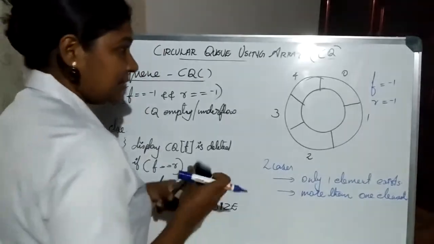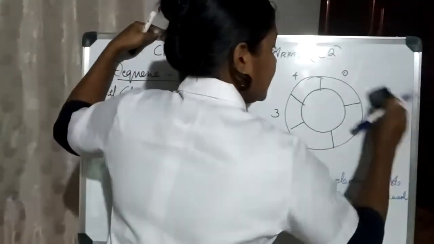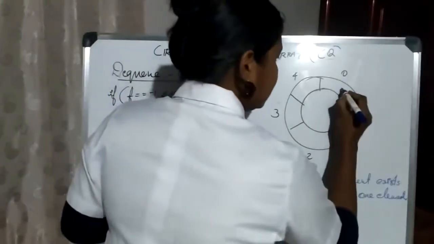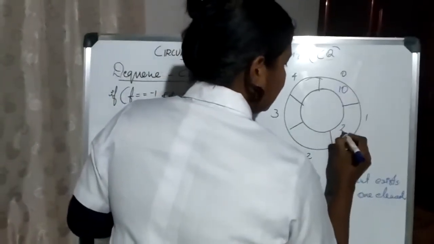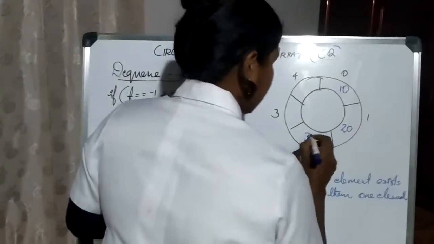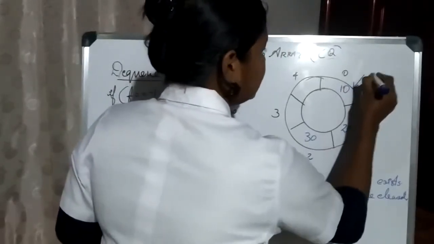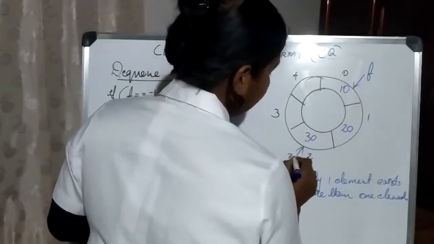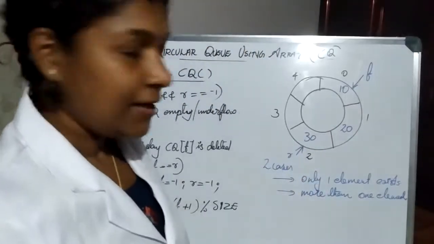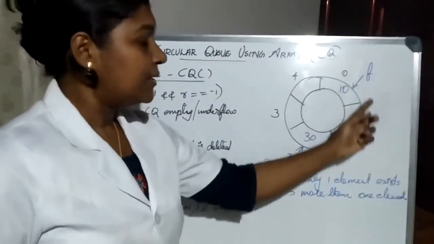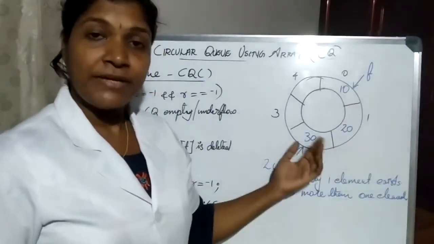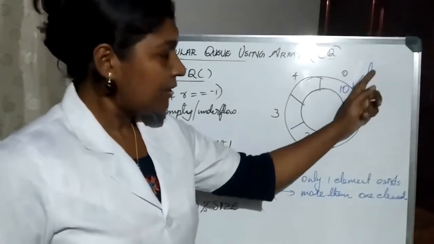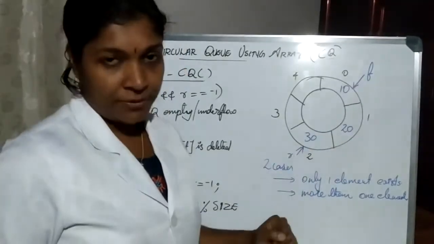So let's consider the status of a queue with some elements, say 10, 20 and 30. This is enough. Suppose front is pointing here and rear is pointing here. This one you can understand, right? While performing the NQ operation, we are moving only the rear pointer. So right now front is pointing here and rear is pointing here.